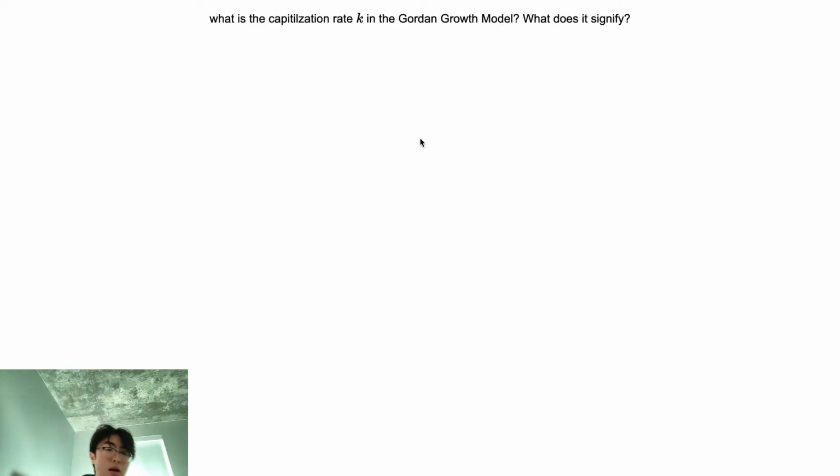What is the capitalization rate in the Gordon growth model? What does it signify? So the capitalization rate is R minus G, and apparently it signifies the dividend yield. So I believe the dividend yield is the amount of dividends divided by the price of the asset.